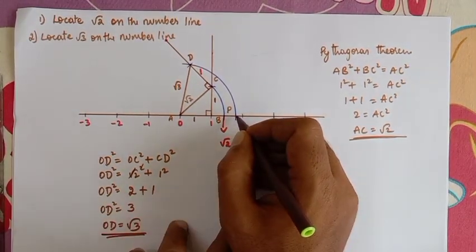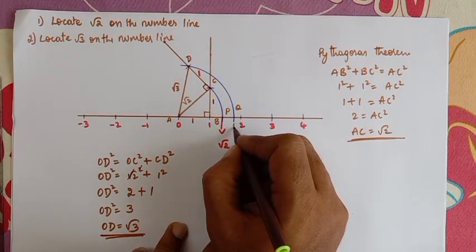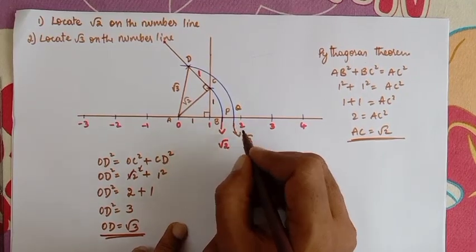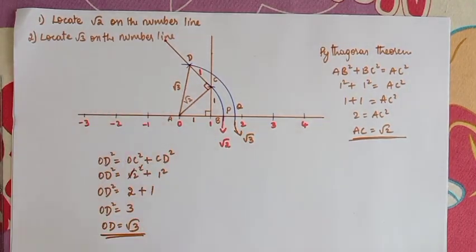Let this point be called Q, and let me name this point root 3. Yes, exactly, it is root 3. Here we have located root 3 on the number line. This completes this one.